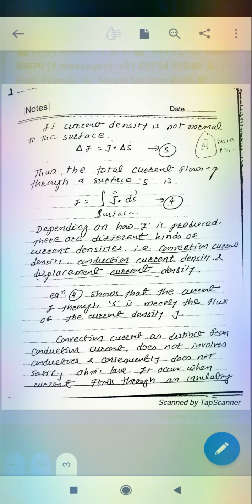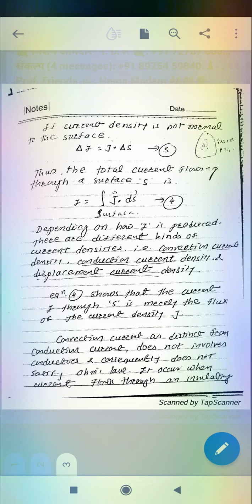Delta I is the small amount of current passing through a small surface area, delta S. If we consider the total current flowing through a surface S, which is a large area, and delta S is a small portion of that surface, then I is equal to the integration over the surface of J bar dot dS bar, equation 4.